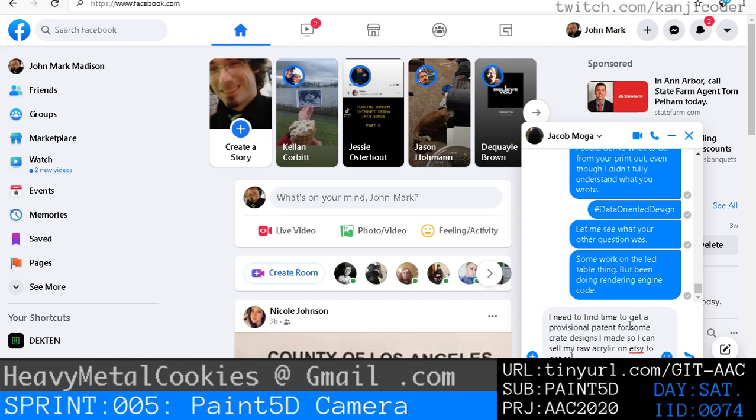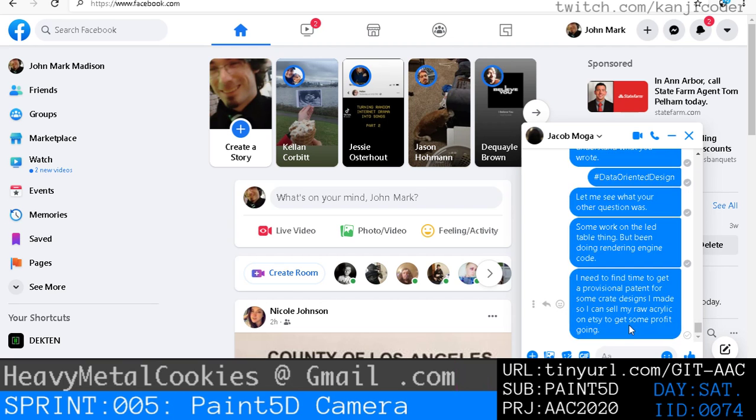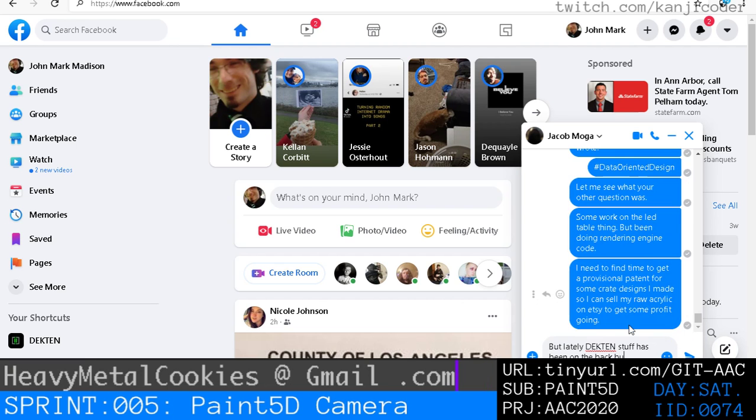Etsy to get some profit going. But lately, Victim stuff has been on the back burner.